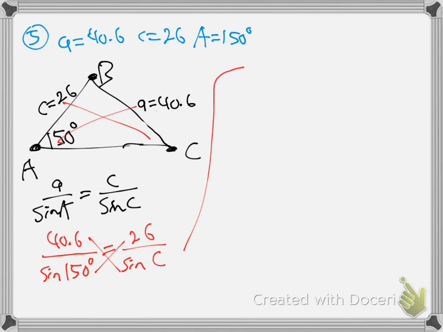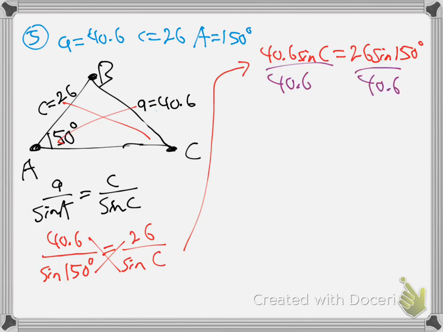Diagonal, diagonal, bring it up here. So I've got 40.6 sine C is 26 sine 150. We good? And then solving that for sine C divided by 40.6.